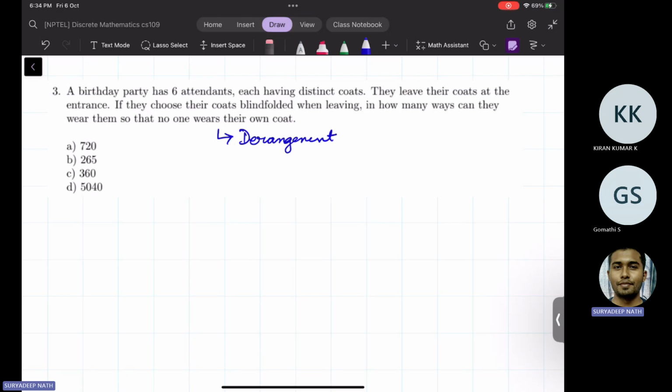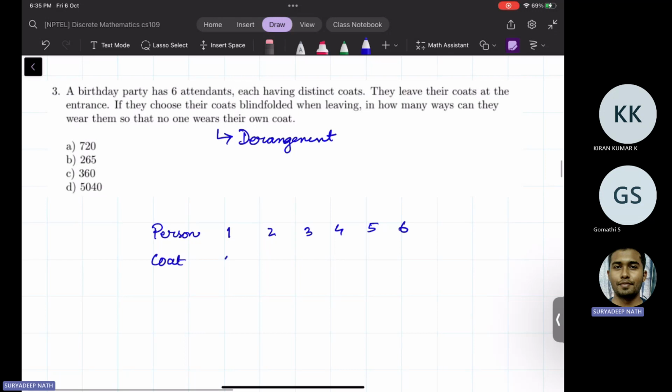So again, we'll consider C1. What is the total number of permutations of these six coats? Let me draw the diagram. We have person one, two, three, four, five, six, and this is the coat number.